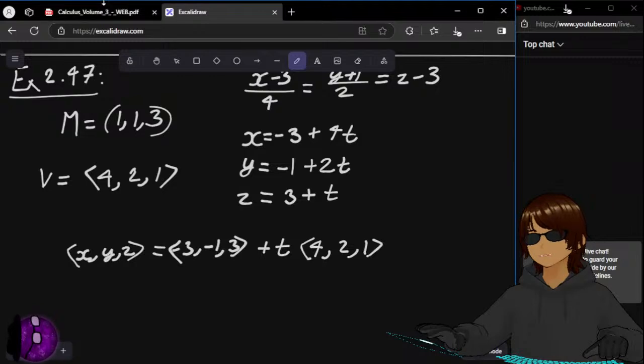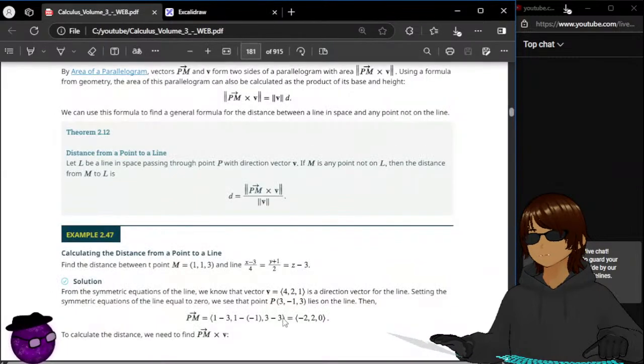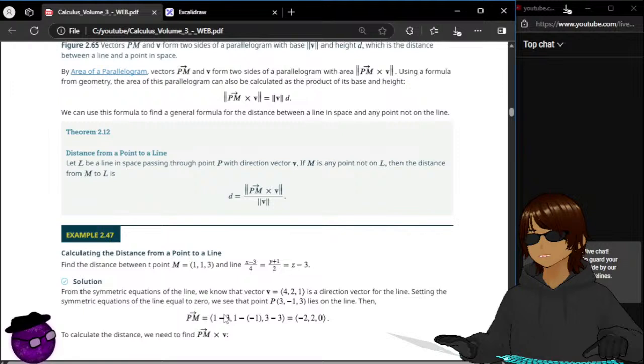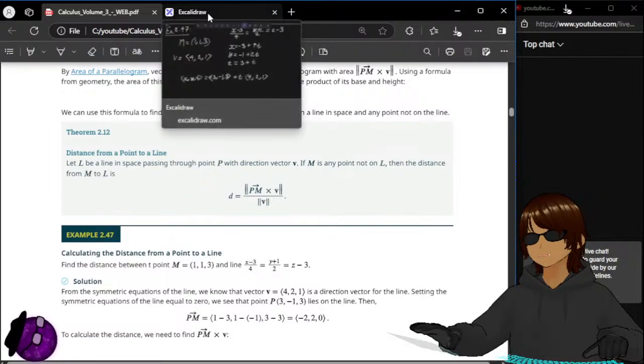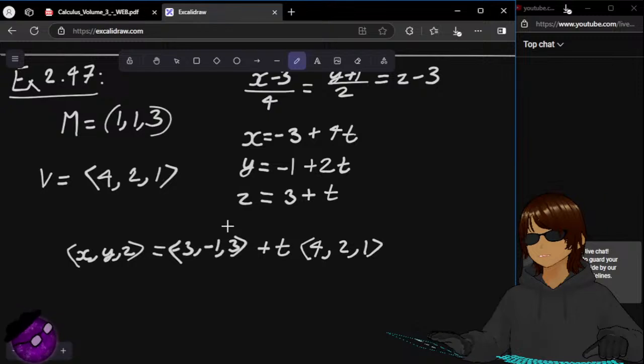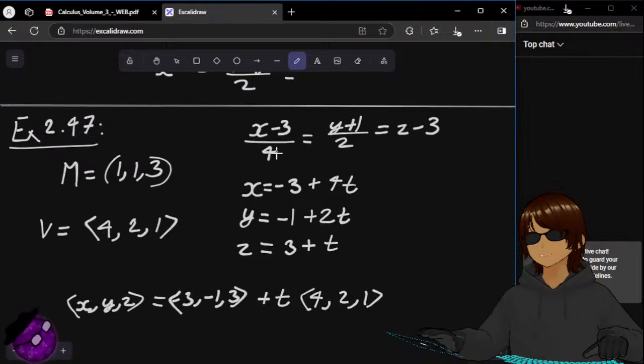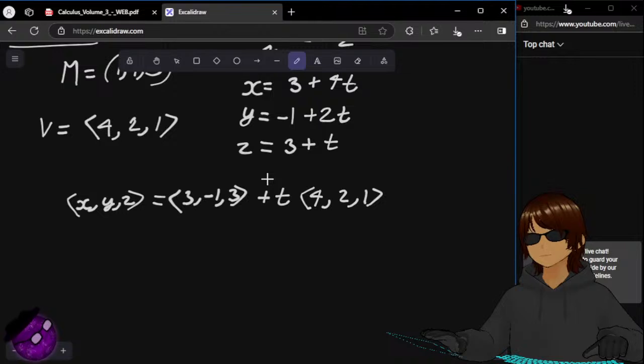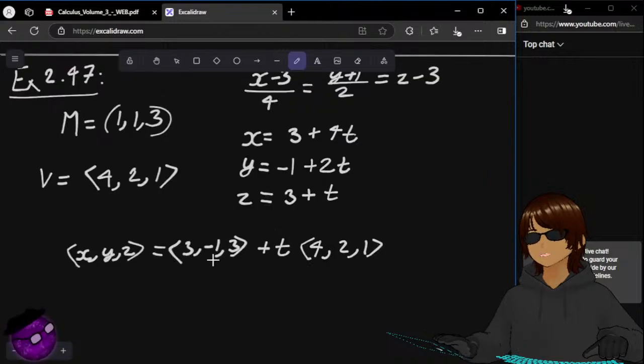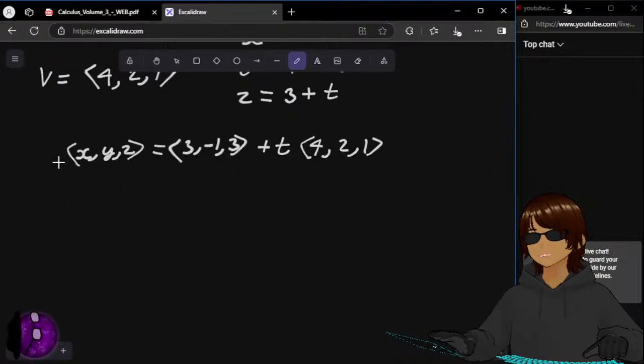Why is it minus 3, 3 minus 1, 3? But I got, hold on, this is wrong. It's minus 3, minus 1, 3. Oh, I see. So they're using this as point P.